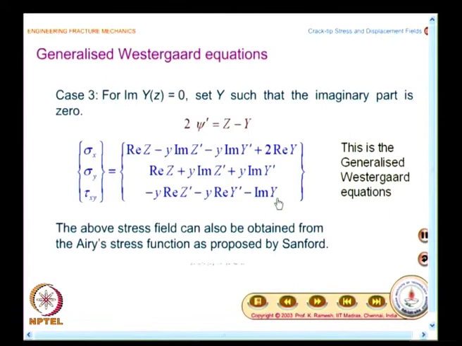So you can have capital Z and capital Y as the candidates. We have still not looked at what is the form of capital Z and capital Y. I could also get this expression directly from differentiating the Airy stress function. Whatever result I have got here could also be obtained from this expression of the Airy stress function.